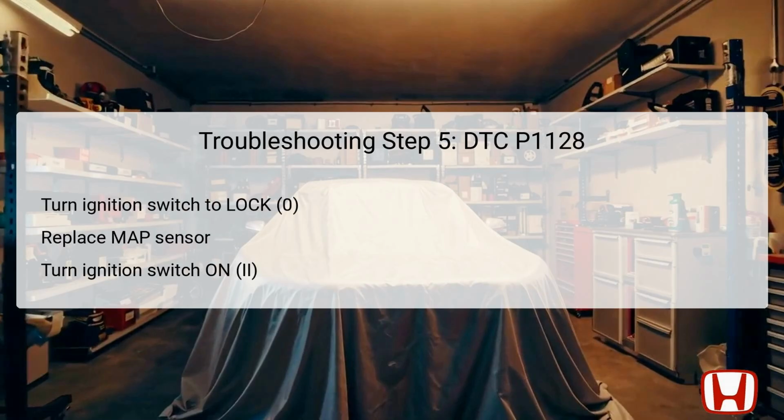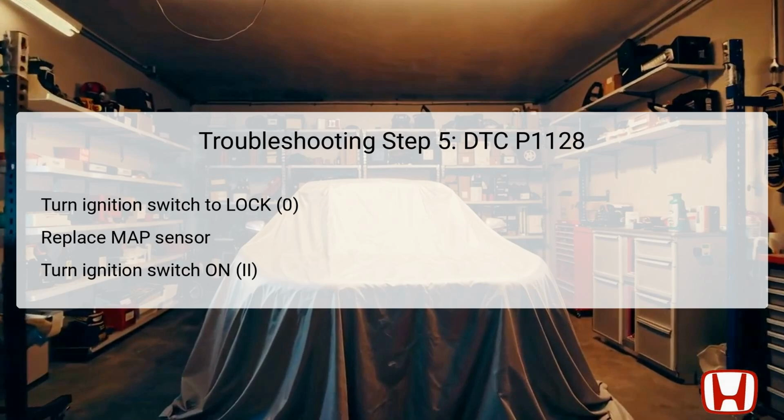For the next step, after completing the previous checks, turn the ignition switch to the lock 0 position to ensure safety. If all signs still point towards a MAP sensor issue, the logical action is to replace the MAP sensor itself. Proceed with unplugging the faulty sensor and install the new unit to ensure that all connections are secured without any hindrances.